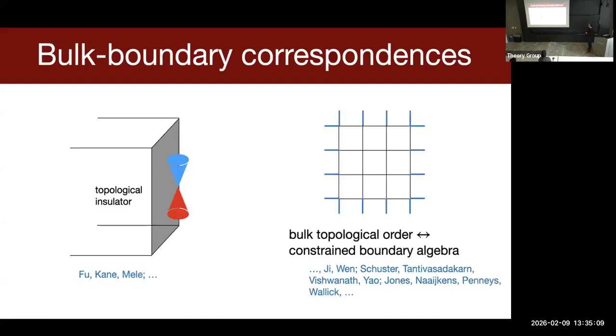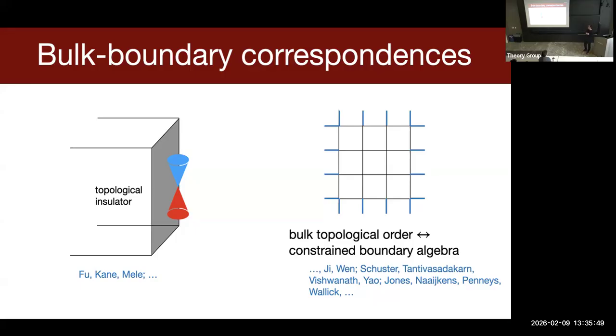Okay. So one might view this SymTFT perspective as a kind of coalescence of various kinds of bulk boundary correspondences. And this concept was introduced to condensed matter physics through the example of the topological insulator, where we have some three-dimensional material which is gapped, and it looks totally trivial in the bulk, but nevertheless it hosts very unusual boundary phenomena.